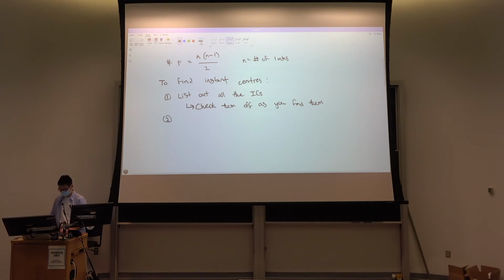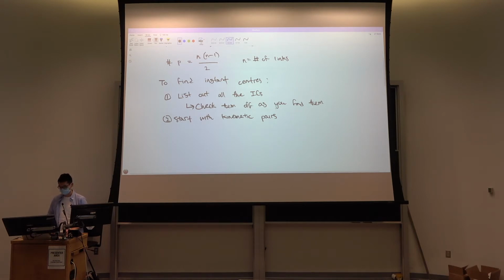Step 2, we start with the easiest ones. Start with kinematic pairs. If you remember from yesterday's lecture, turning pairs, sliding pairs, turn plus slide, rolling, those all describe exactly where the instant center should be for the relation between those two links.